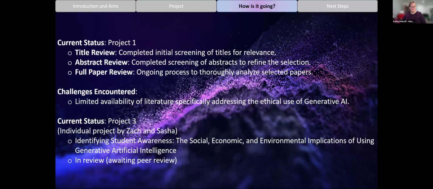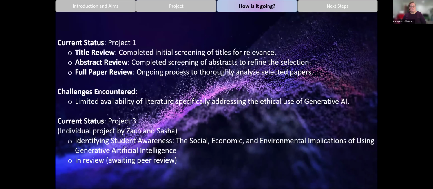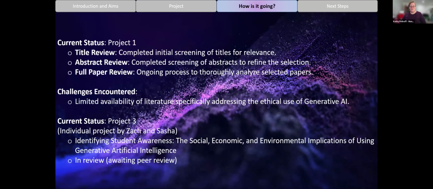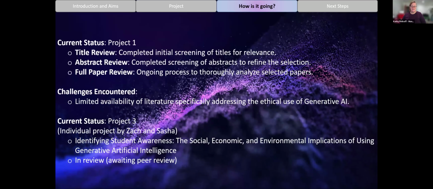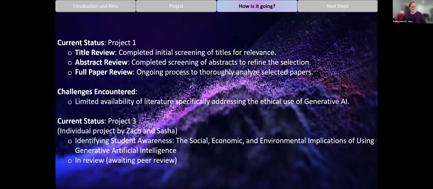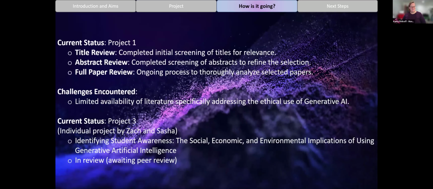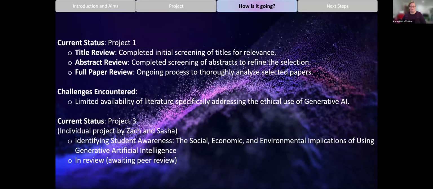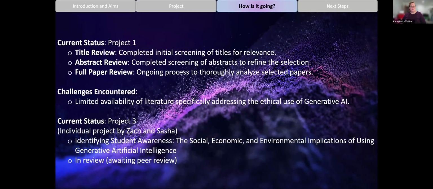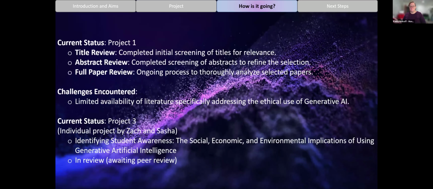We're hoping our next steps will be some empirical data analysis of how the different groups use generative AI and how ethical approaches could be put forward for that. And then, of course, we have our final stage, which Zach will talk about a little later on, identifying student awareness of the social, economic, and environmental implications of using Gen AI, which is still in review.